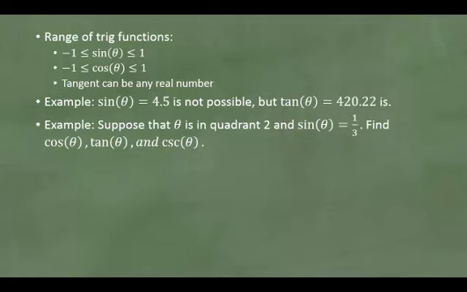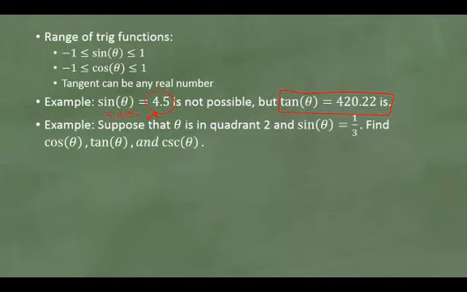So if you see something like sine of theta is equal to 4.5, that's not possible, because it has to be less than 1. Sine of theta being equal to 0.9 is possible. But 4.5 is not. Tangent 420, that's fine. Any number is possible for tangent.